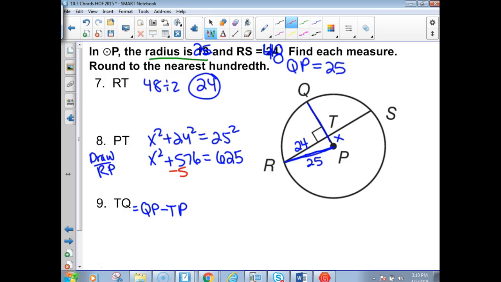We need to subtract. I got X squared equals 49. X is going to be the square root of 49, which is 7. So PT is 7.